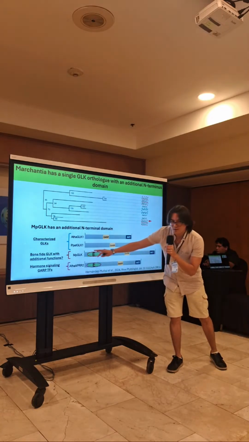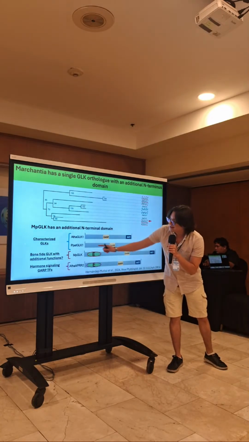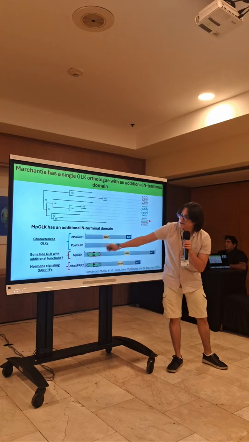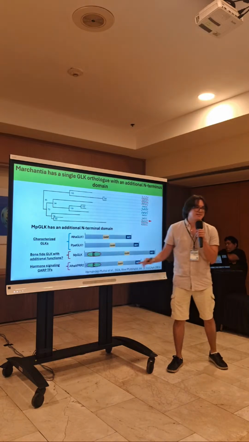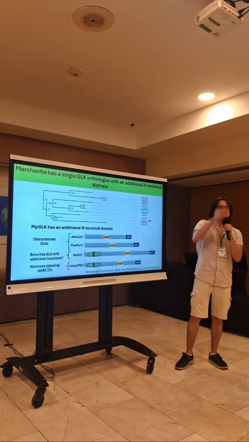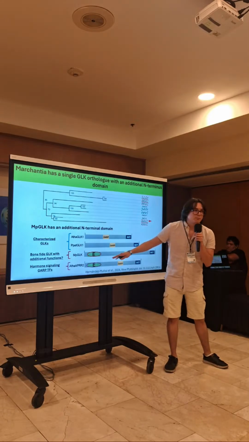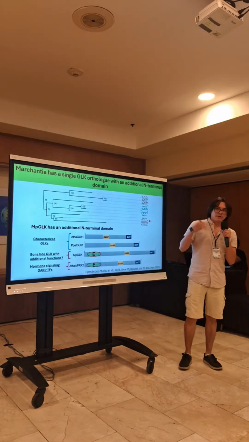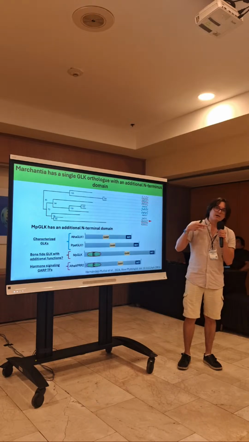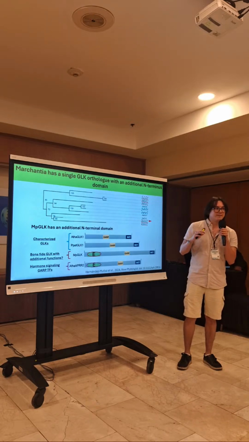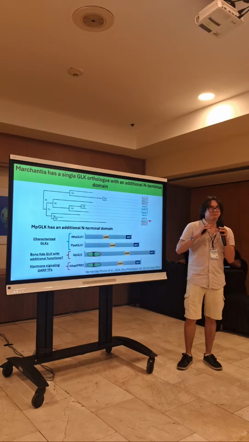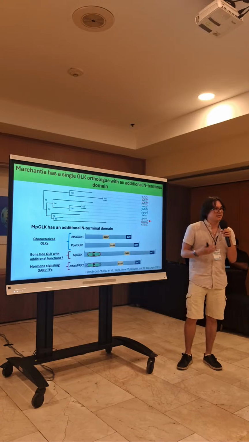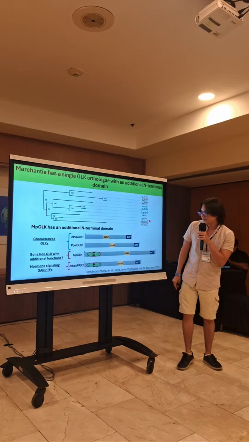What we see with MpGLK is an additional N-terminus domain, which is a pseudo-response regulator, also present in other GARP family proteins. The GLKs are sort of inside the GARP transcription factor family.